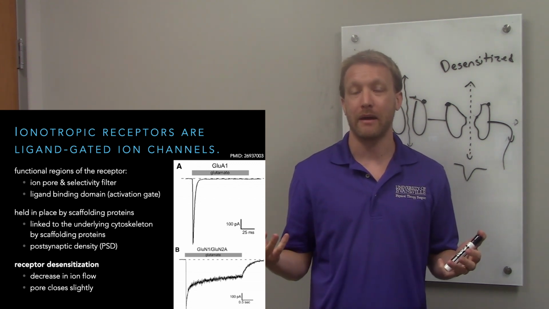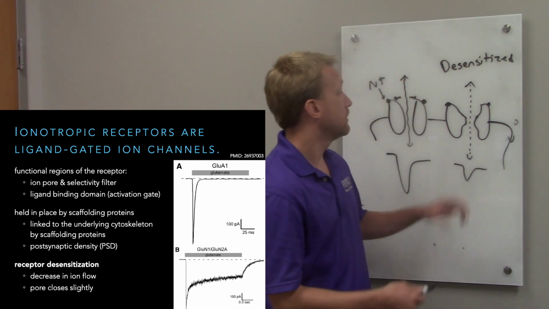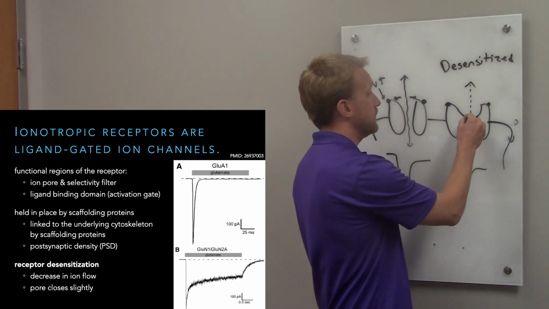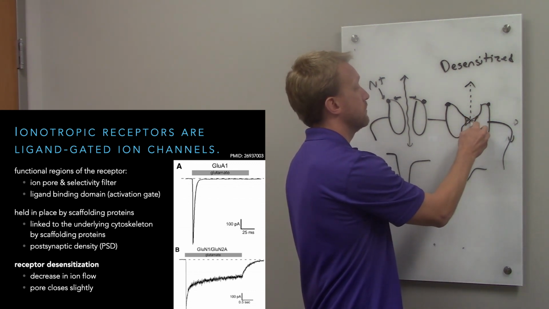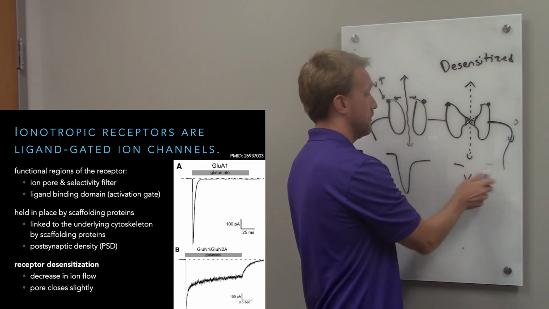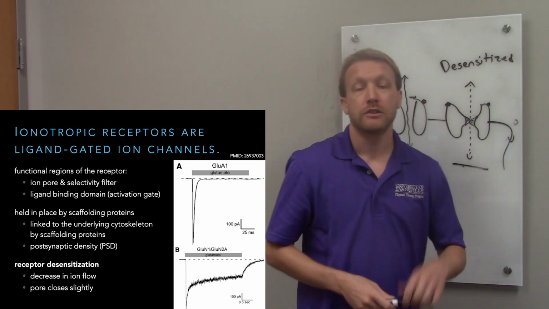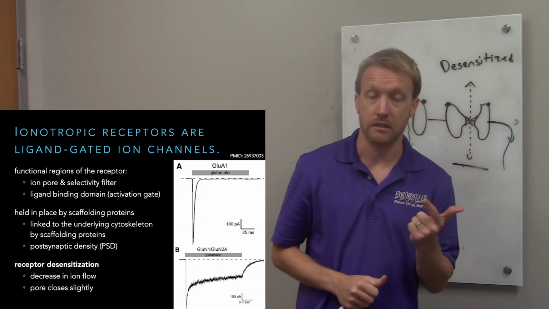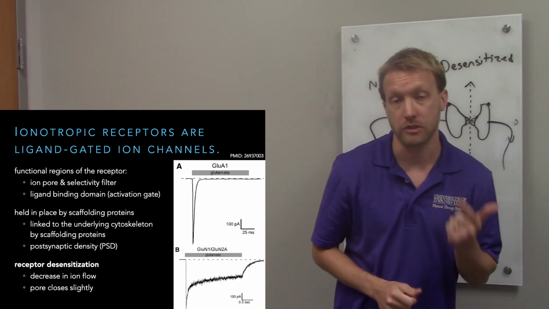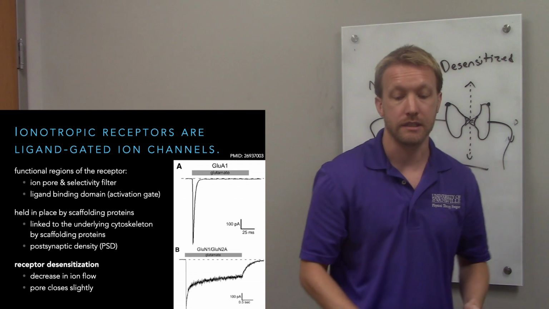Yeah, it's cut down by about half, but we're still getting something. The AMPA receptor lets its gut go, and when it does, it completely blocks the channel, where we get no response once we're desensitized. So how quickly desensitization happens and the completeness of desensitization varies from channel to channel. But keep in mind, every channel desensitizes.